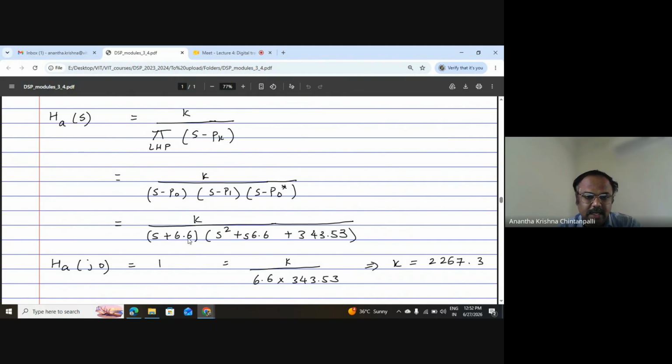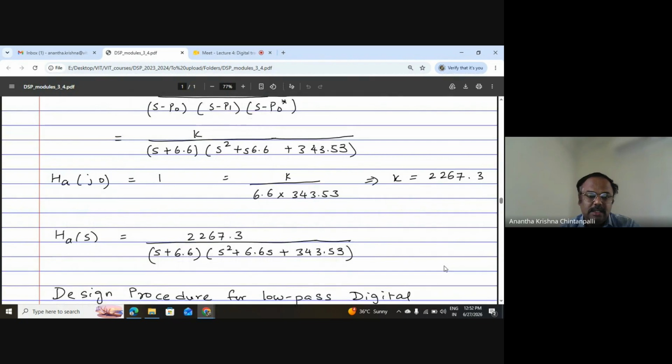This is k divided by 6.6 multiplied by this term. The value should be 1. So k is going to be this. So finally this is going to be your answer: H of S is equal to 2267.3 divided by S plus 6.6, times S squared plus 6.6 S plus 343.53. That's it. So this is how you have to do H of S.